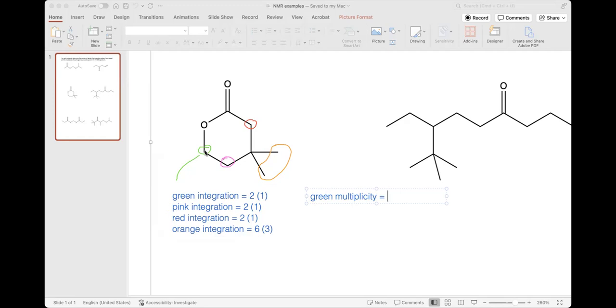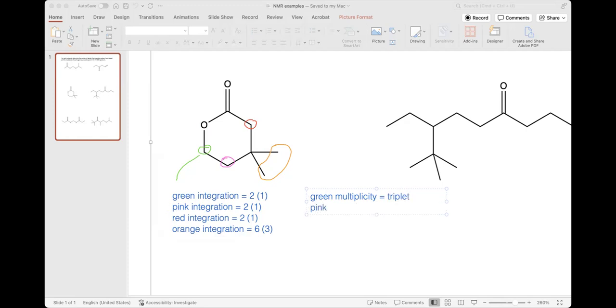I'm seeing triplets, and I like triplets. There's the neighboring oxygen. It doesn't have any hydrogens, and even if it did, they wouldn't split anyway because they'd have been on an oxygen. But then down here, I have 2 hydrogens. So for the multiplicity, it's the neighboring hydrogens, 2 plus 1. So that would be a triplet, right?